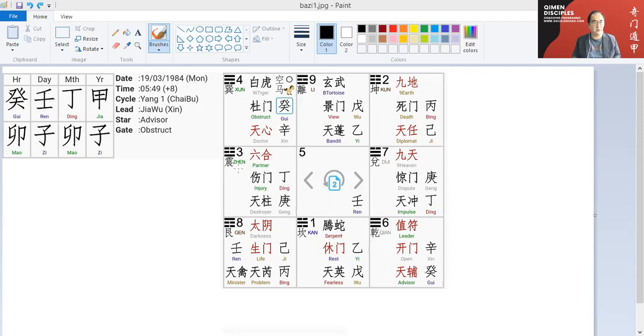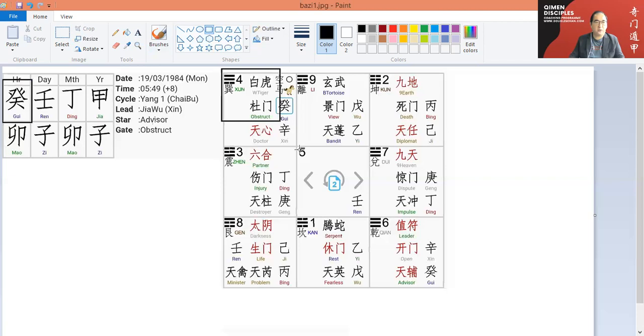So in this chart itself, in any divination that we are looking at using Qi Men Dun Jia, under normal situation we are supposed to look at the hour stamp, which is over here. At this point of time it is Kui. Kui itself means we have to look at box 4, which is telling us that box 4 energy is the respective answer that we are supposed to look into.